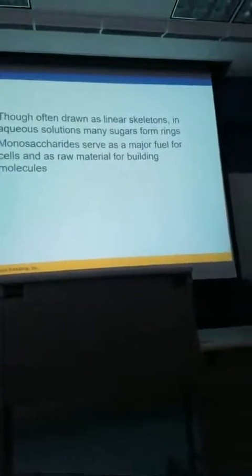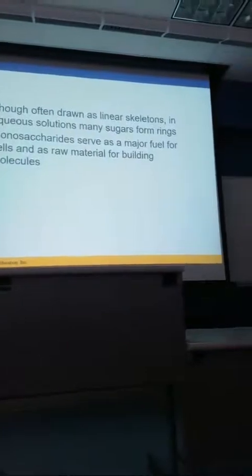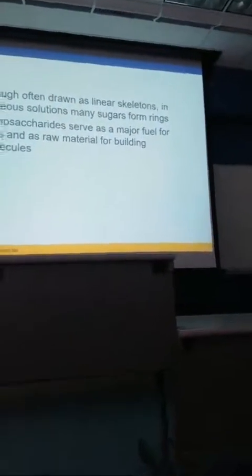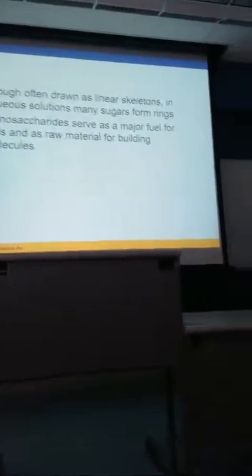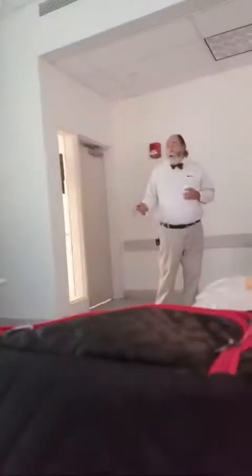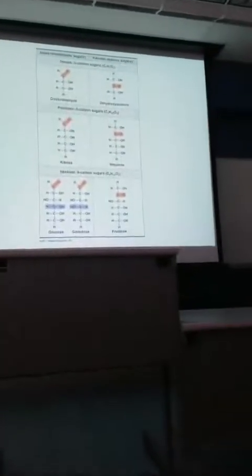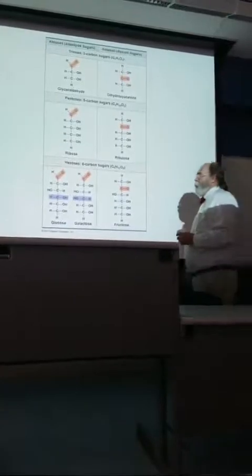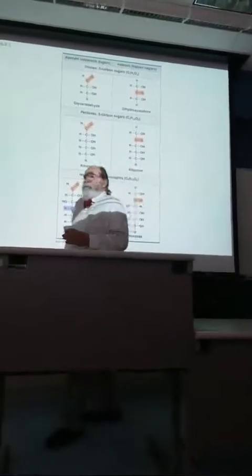And remember, they form rings in water. I want you to be able to draw glucose. And folks, it's real easy to remember. Think of the formula, 6 carbons, right?